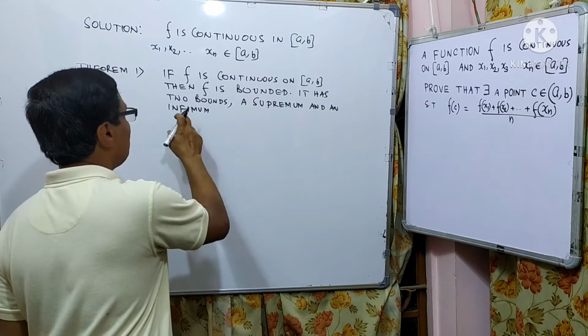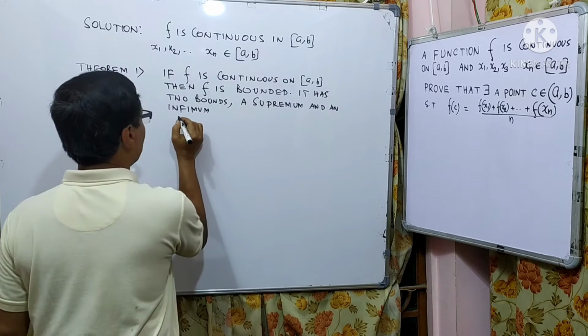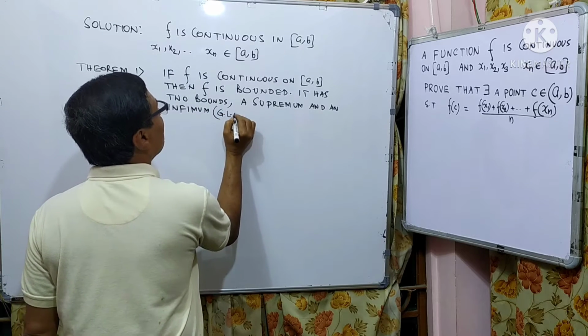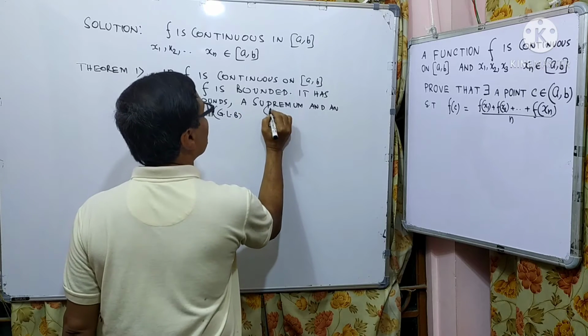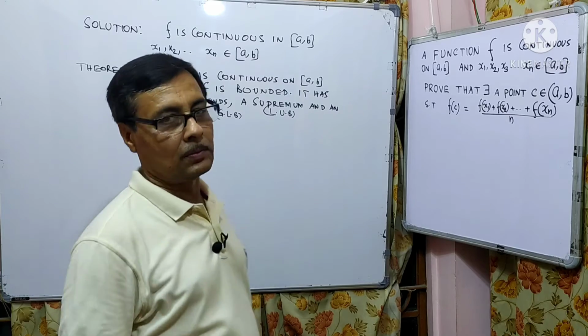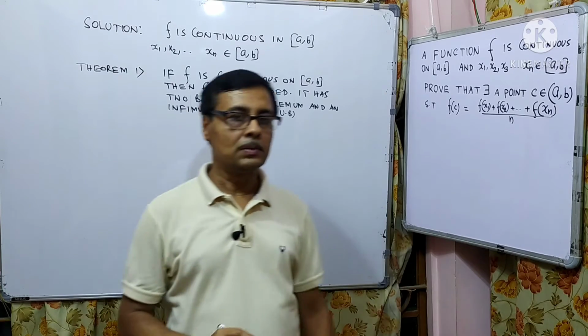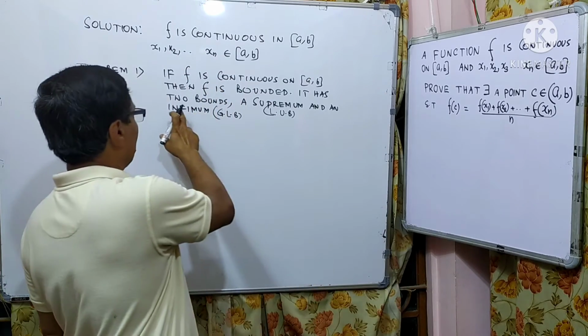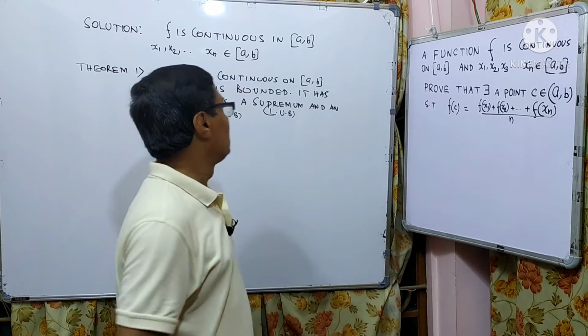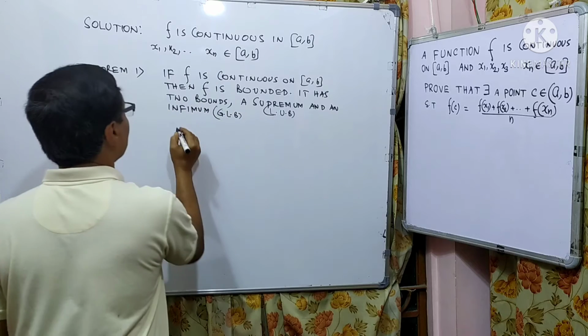Infimum is the greatest lower bound. Supremum is the least upper bound, the least among the upper bounds, and infimum is the greatest among the lower bounds of this function.